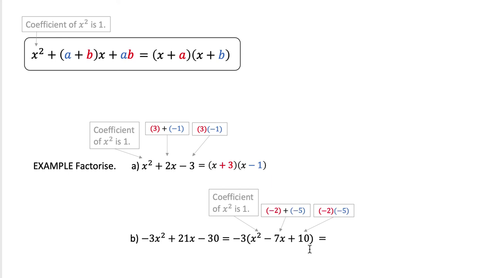Well, those numbers are -2 and -5, because -2 plus -5 is -7, and -2 times -5 is +10. And that's why you can write the whole of this as -3 times, and then x plus -2 times x plus -5. And you can leave the plus from here because plus times minus is minus.